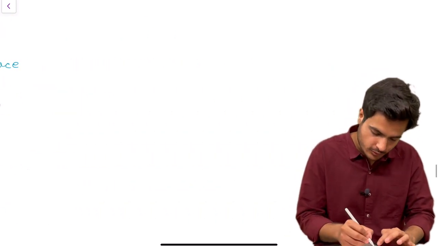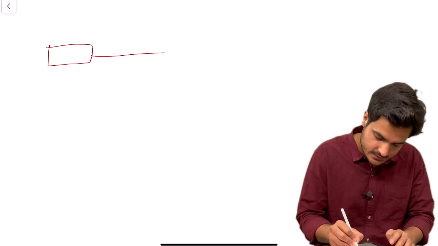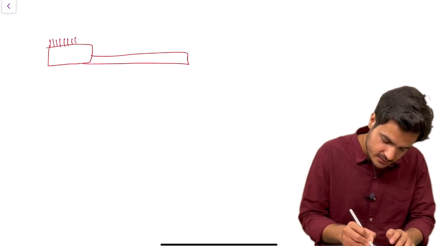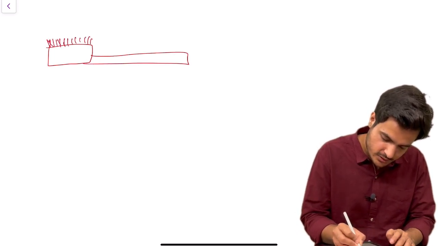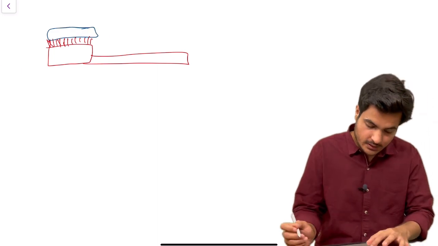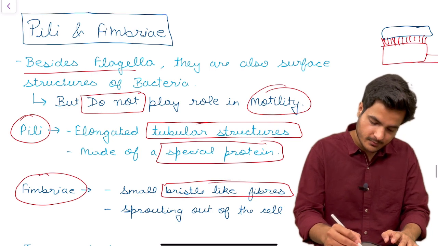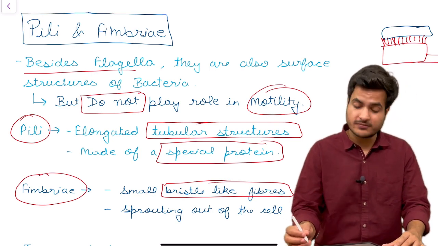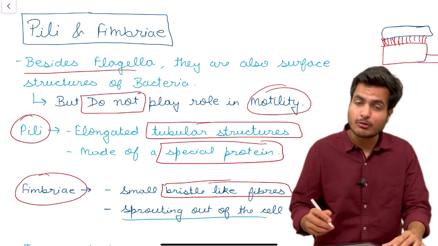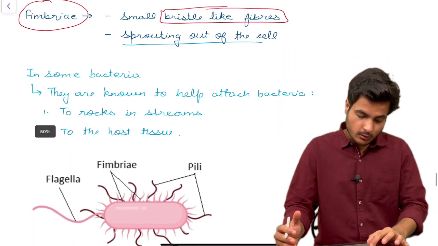If you have seen your toothbrush, it contains many bristles over which you apply the toothpaste. So these bristle-like structures, when present on the outside wall of bacteria, are called fimbriae, and they are sprouting out of the cell. Now what do they do?